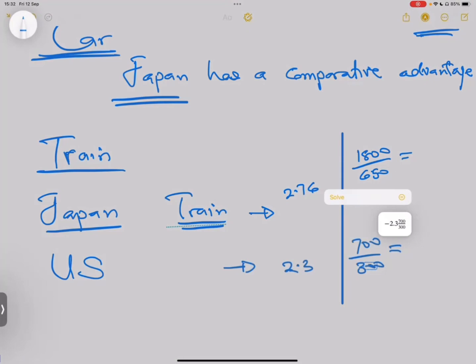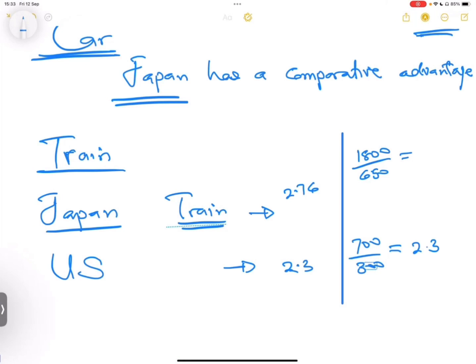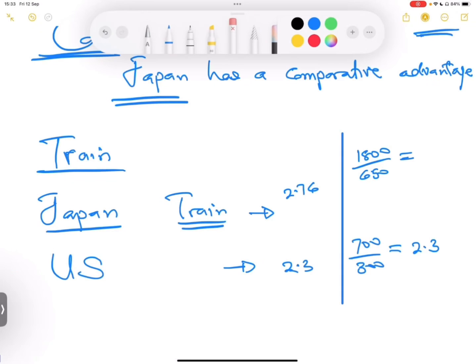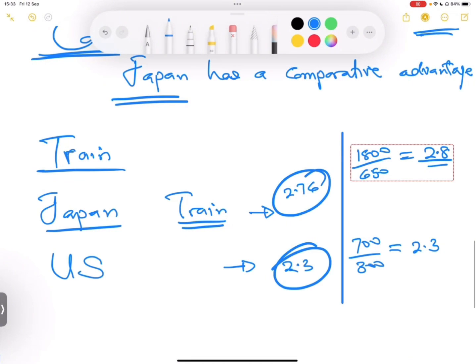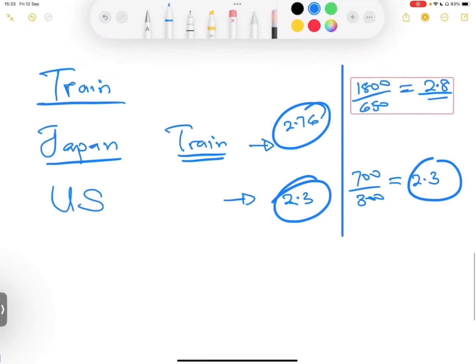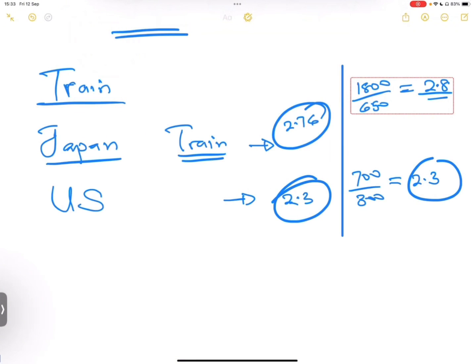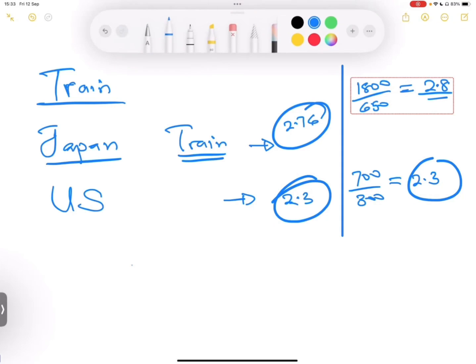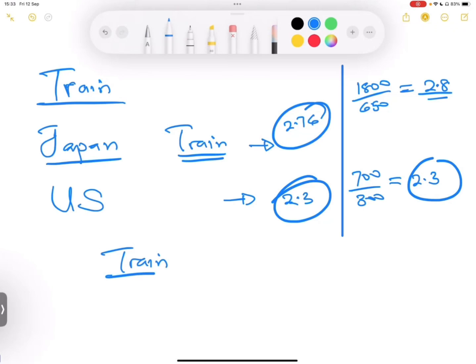That gives 700 over 300, 2.3, that's true. And 1800 over 650, 2.8. So you are correct for sure. With this one, who has the comparative advantage? USA. US, exactly. So for train, Japan does not have comparative advantage. US has a comparative advantage for this one.